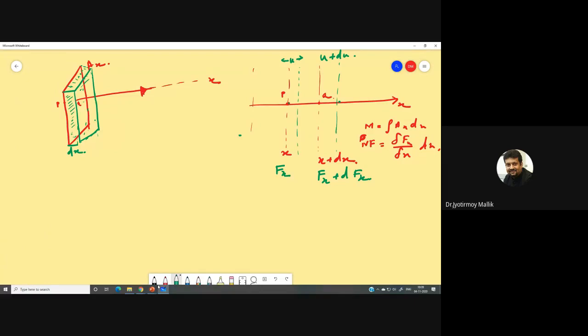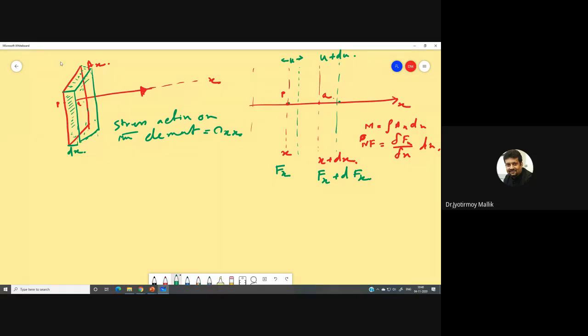Then, if we say that the stress acting on the element is sigma xx, what type of stress is sigma xx? Ladies and gentlemen, can you tell me whether it is normal stress or shear stress? What type of stress would it be? The normal. Normal stress, absolutely.